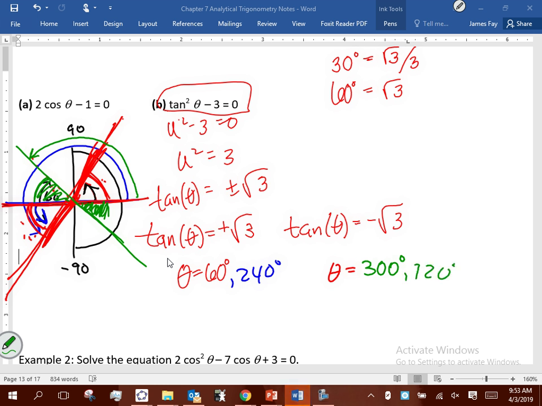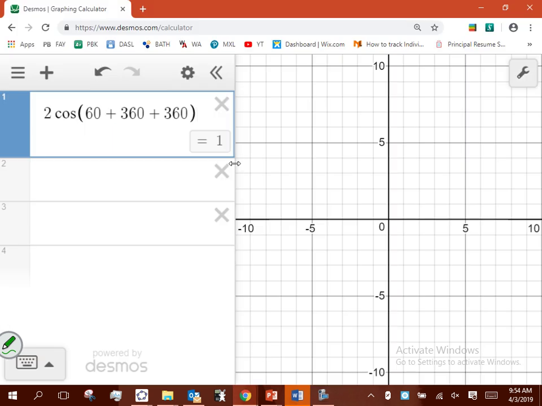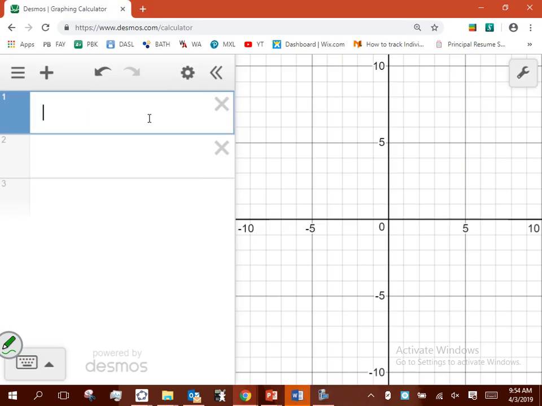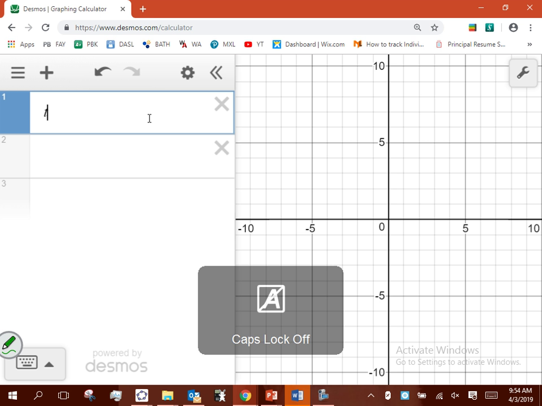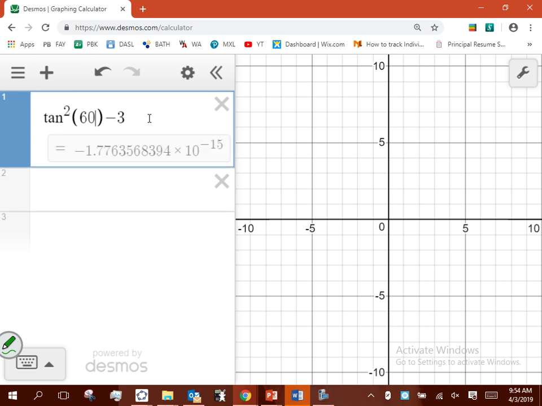So something I think is useful is to grab something like Desmos or a TI-83, 84, whatever. Make sure you're in degree mode. If I type in, what was the equation? Tangent squared theta minus 3. And I should get 0 back, right? So I'll type in the answers that I found. We found one answer to be 60.